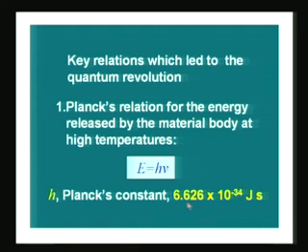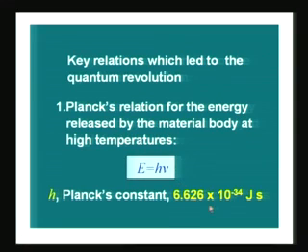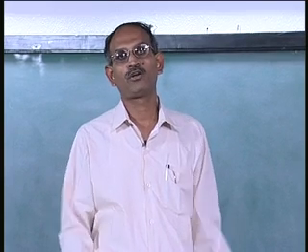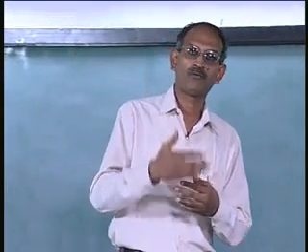And if you look at the value of Planck's constant, it is an extremely small quantity, 6.626 times 10 raised to minus 34 joule second. Planck's constant has the dimensions of energy into time, frequency has the dimensions of 1 by time, therefore this is energy, and the discreteness in the energy that is being released is so small, the number h is so small, that we probably did not know until then that energy is coming from the hot body in packets, but we thought it was a continuous radiation.